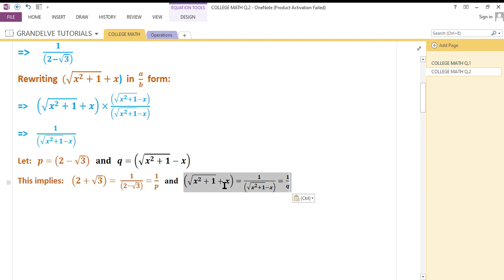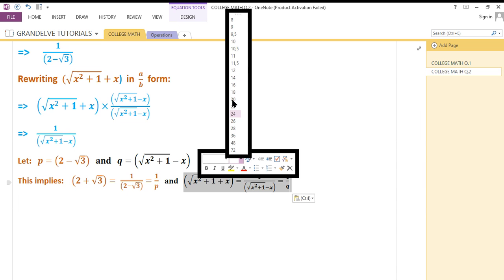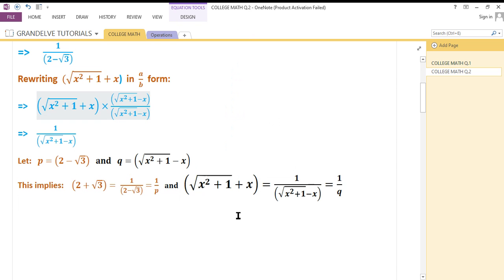And so you trust me with that. Let's increase the text a little so that you can see it clearly. So we have this to be 1 over p, and now we have this to be 1 over q.